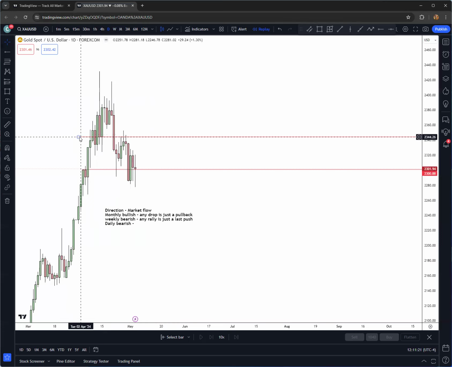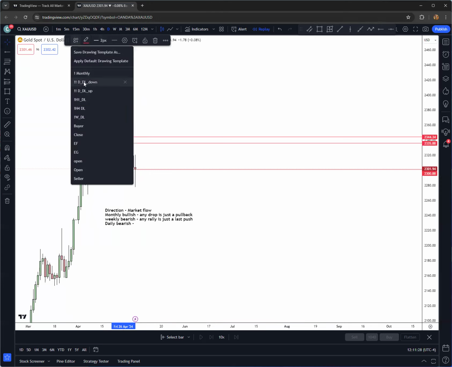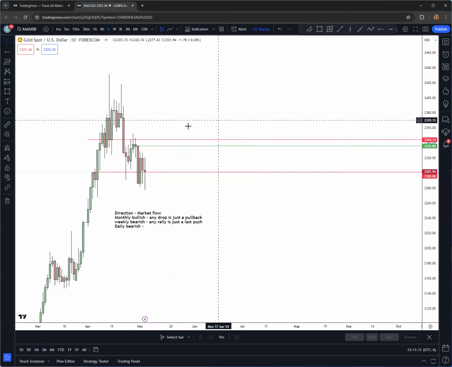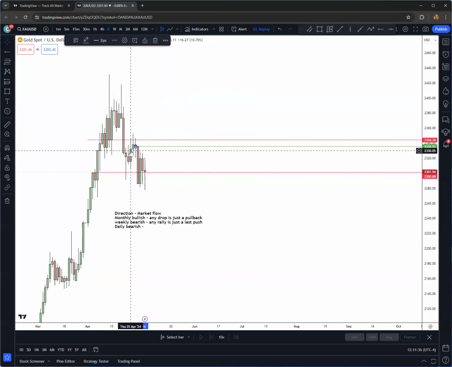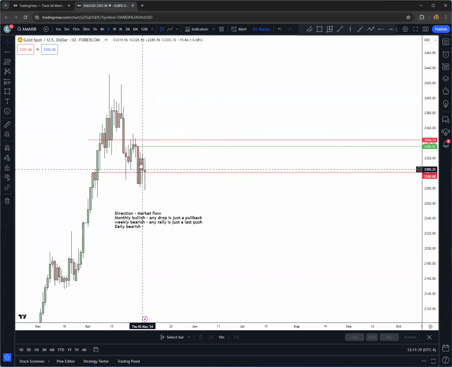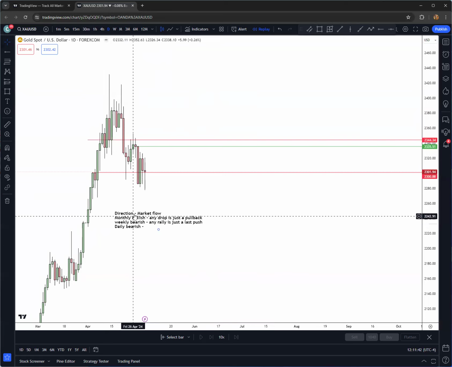So market flow daily is right here, this is the daily level. Green, because this is where the open is to create the close below that. So daily bearish. So daily is saying any rally is just a pullback.